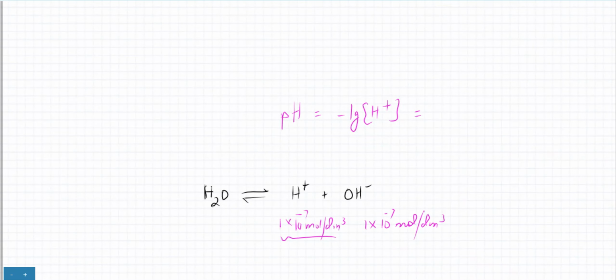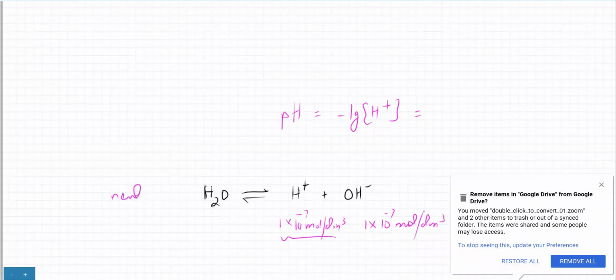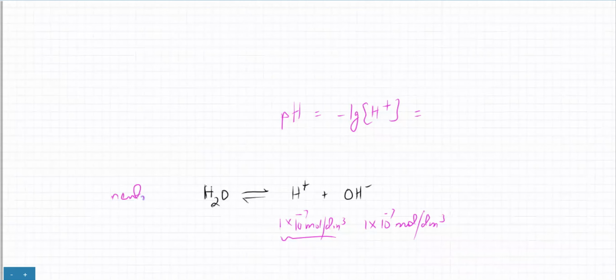I mean, this is the H plus 1 concentration, and this at the moment is just neutral water. 7, right? Okay, so it's coming out to be 7. So this is neutral water, and if you take the negative log of 1 times 10 power minus 7, you're going to get 7.